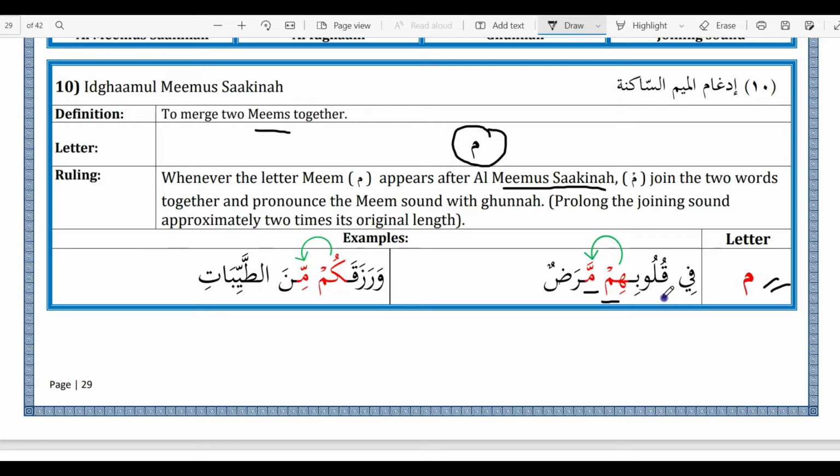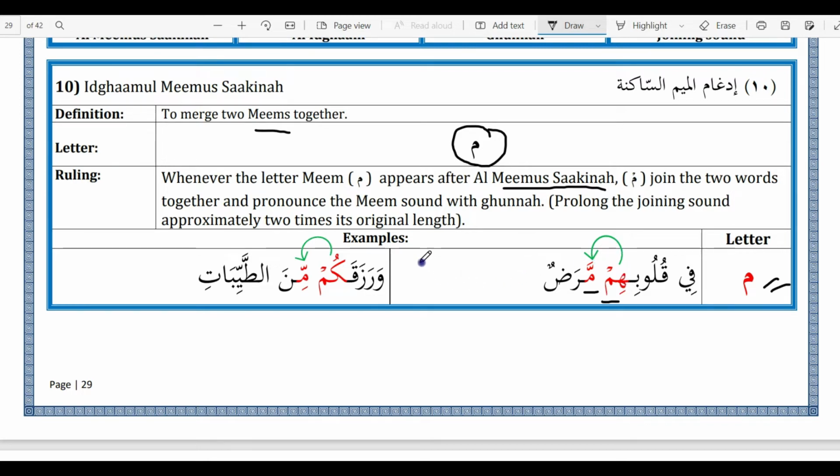So the first word here, we have qulubihim, and we have marad. When we join them, we have ha with a kasra, which gives us he. When we join it on to the next word, starting with meme, it becomes him. So we join the two words together and it becomes him.